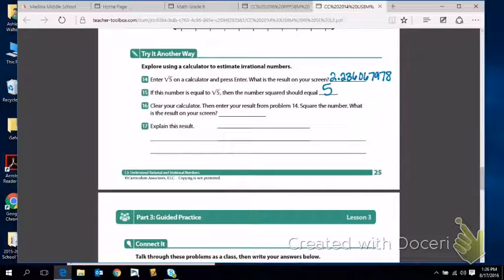Now we're told to clear our calculator and then enter that result from problem 14, which was 2.236067978, and then square it. The result that we get is 5.0000000002. If we explain this result, we might say something along the lines that the square root of 5 is only an estimate.